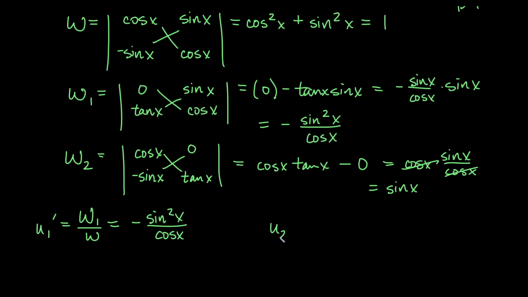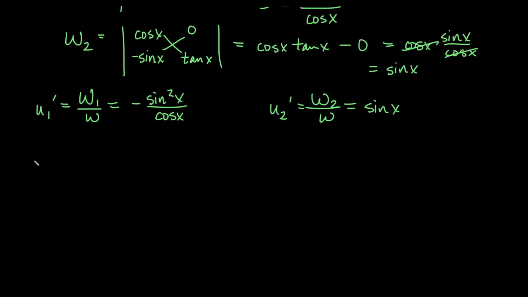And our u2 prime is going to be W2 over W. Again, over 1 isn't going to change anything, so we just get sine x for u2 prime. And now we just need to integrate these to get u1 and u2. So u1 is going to be, I'll bump the negative out, negative integral of sine squared x over cosine x dx. And u2 is going to be the integral of sine x dx.